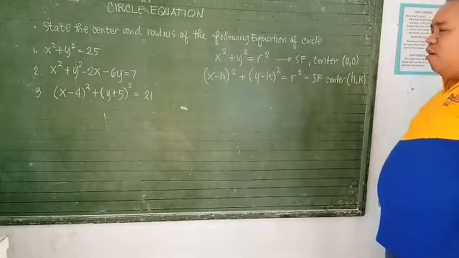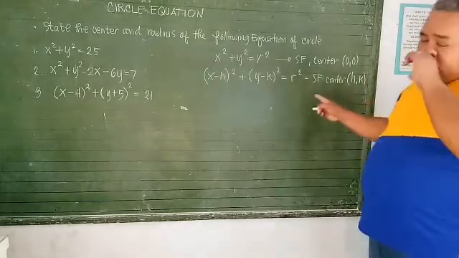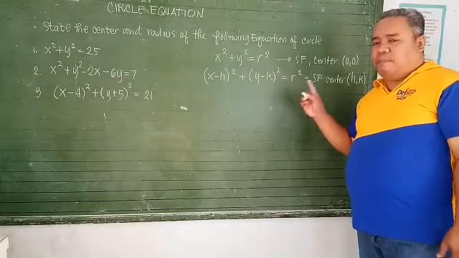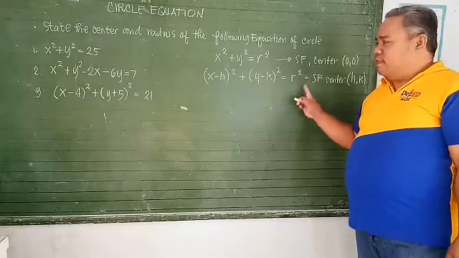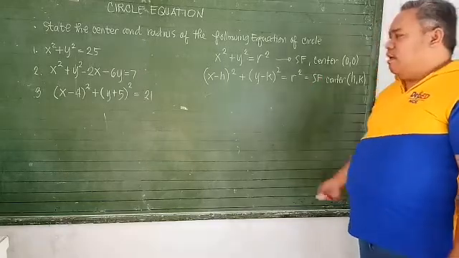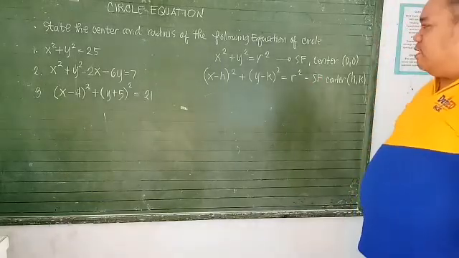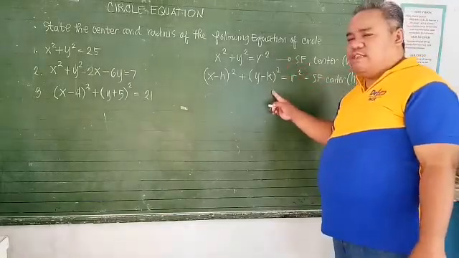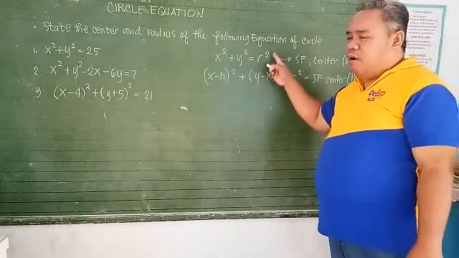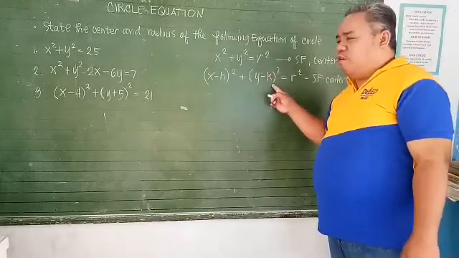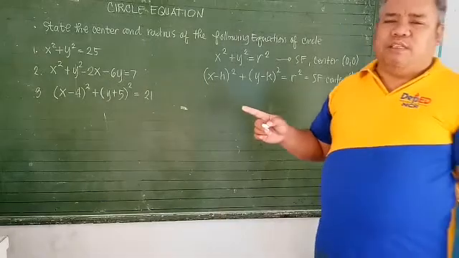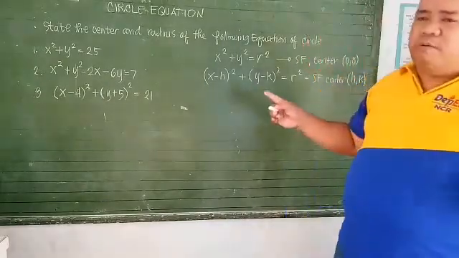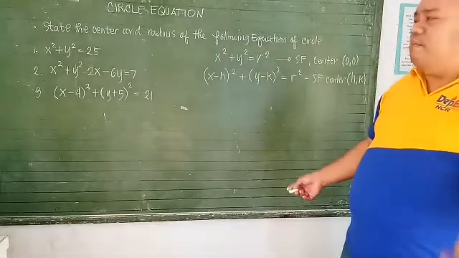That would be the center of a circle that is not origin-centered. So it may be in any quadrant, or maybe lying on the x-axis or y-axis. This is the origin-centered, this is a non-origin-centered circle, but both of them are known as the standard form. Sometimes in other books, it is called the vertex form of the equation. A vertex form equation and a standard form equation are the same.